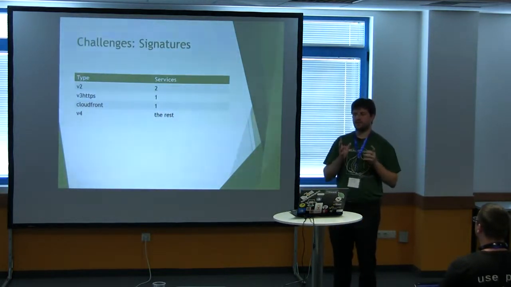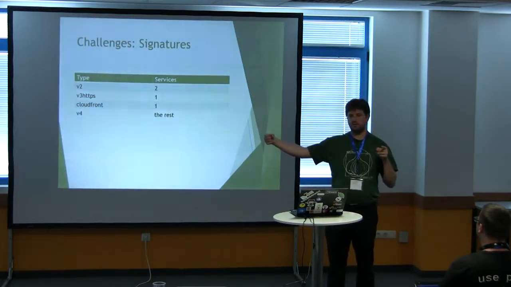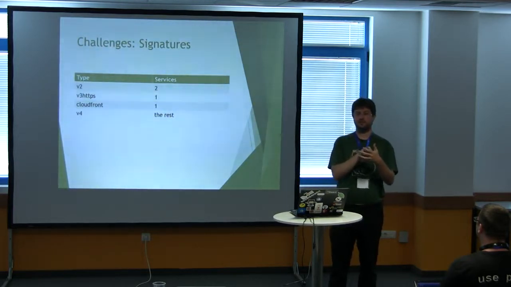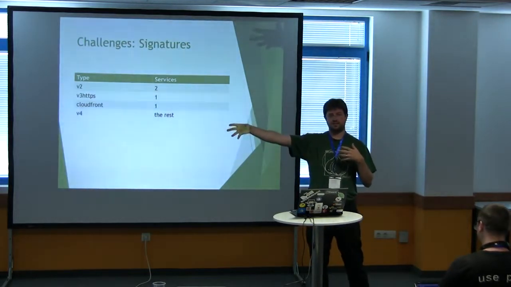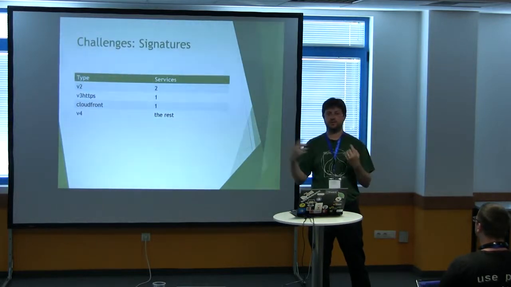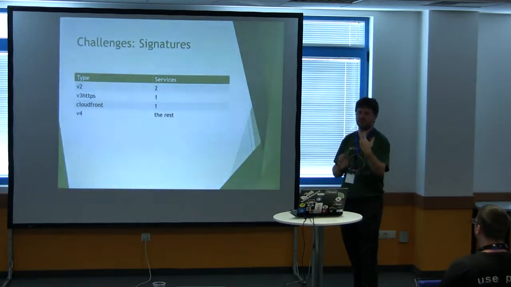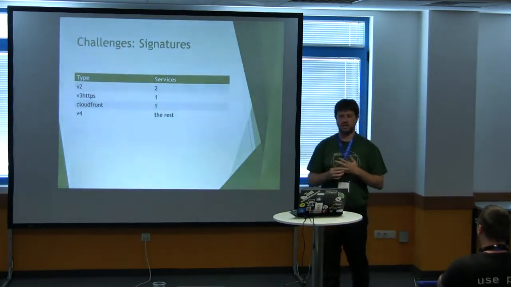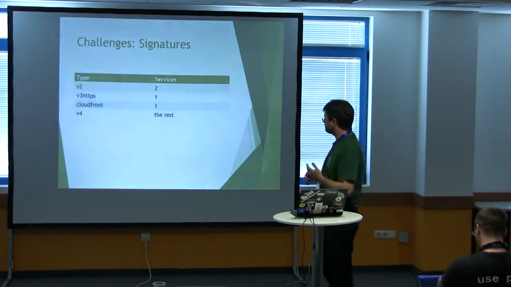The thing is that your secret key never gets transmitted over the wire. You sign your request with your secret key, and that secret key never leaves your machine, and they validate the secret key as a shared secret between you and AWS, and when it gets to their endpoint, they validate that you were the one that signed that request.